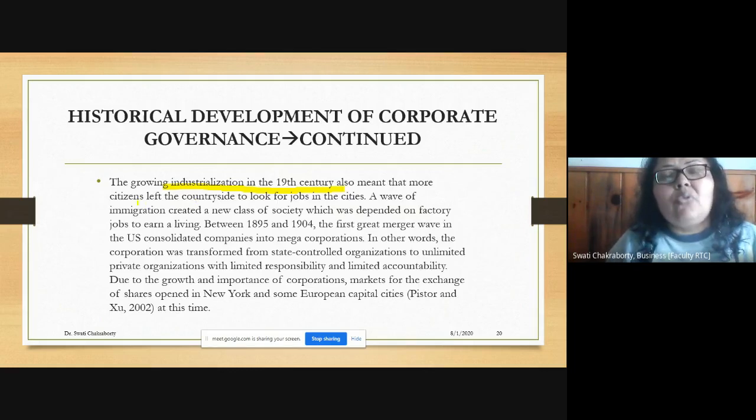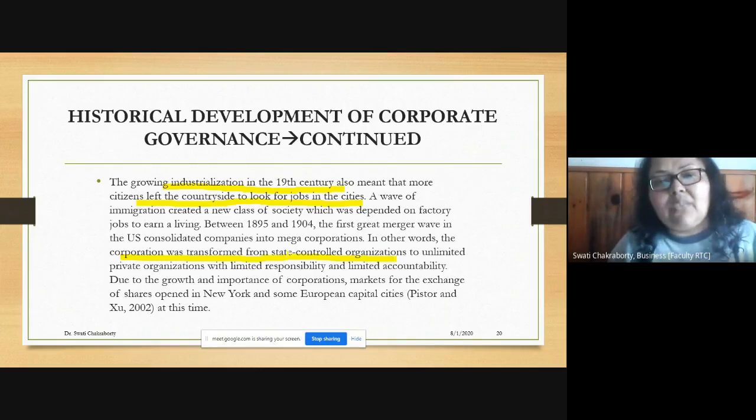So what happened at that time? People started moving from the rural sector to the urban sector in search of jobs, right? That started coming up. And the corporations slowly transformed into state-controlled organizations. The government started controlling.